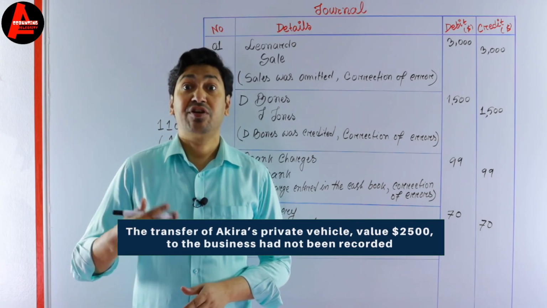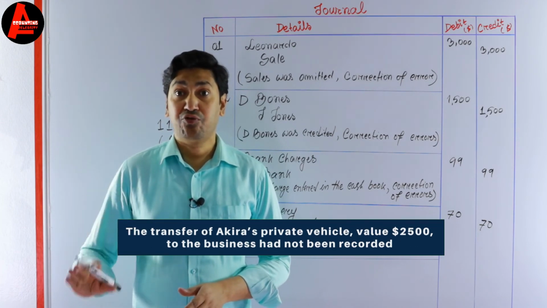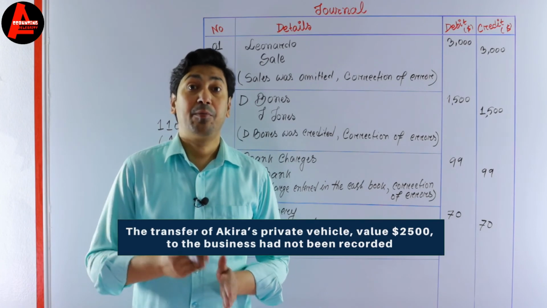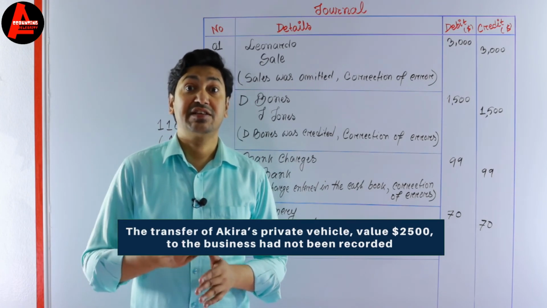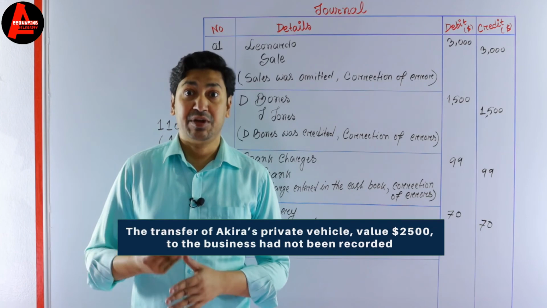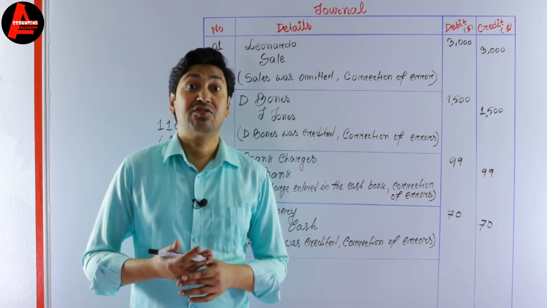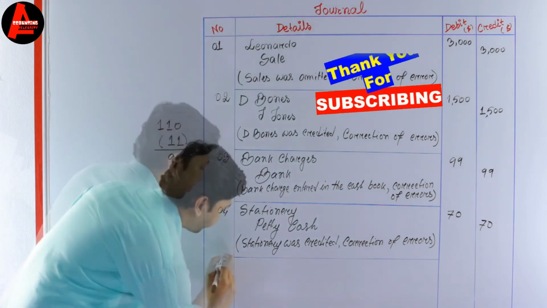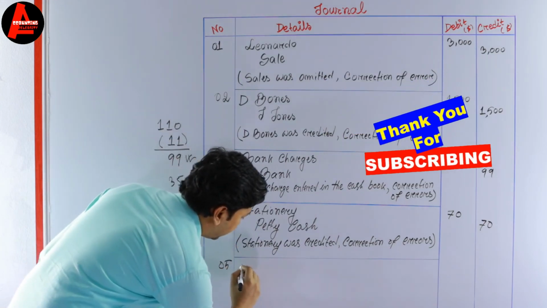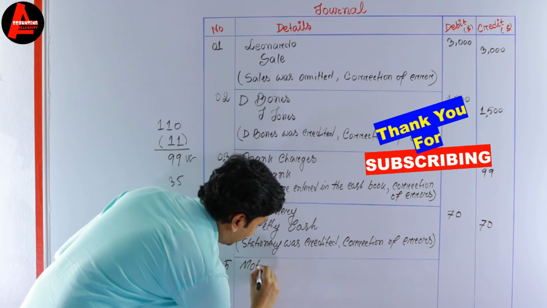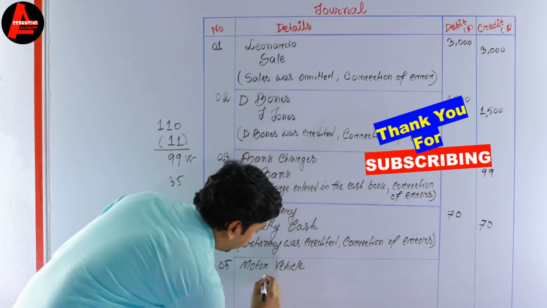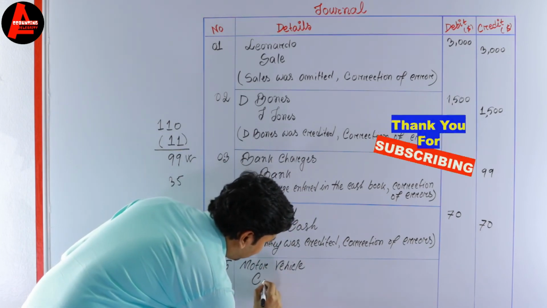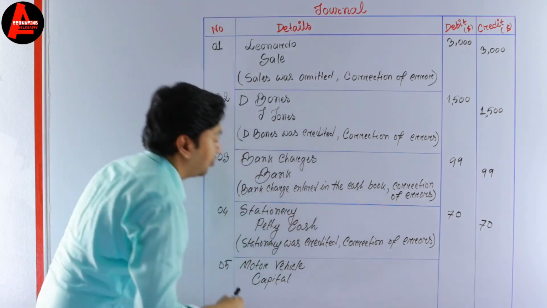When capital increases, capital will be credited. At the same time, motor vehicle is an asset. Asset is here increasing in the business, so an increase in asset will be debited. So let us write here number 5, motor vehicle to be debited and capital to be credited.